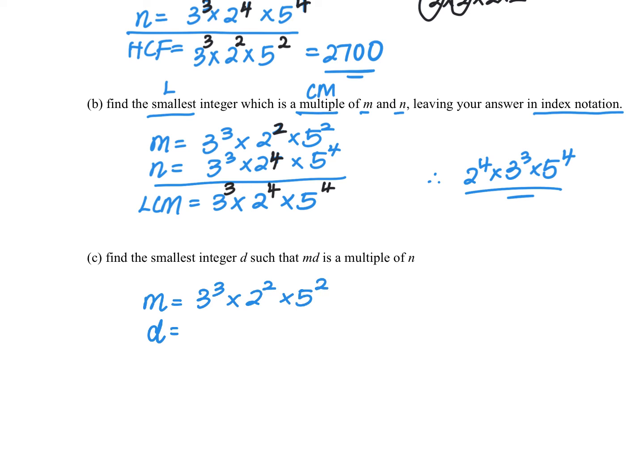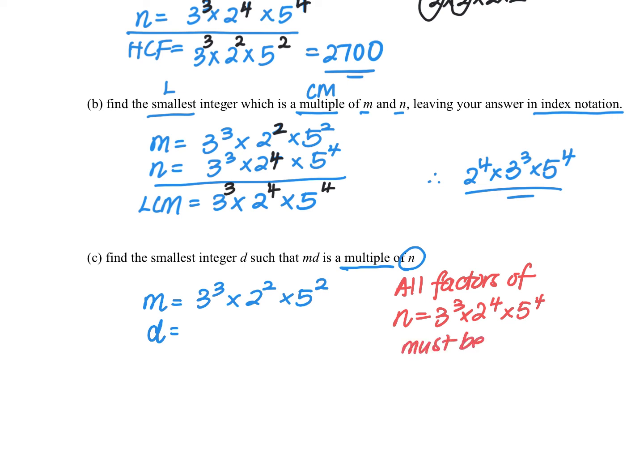D I do not know, but they say multiple of n. That means all the factors of n, which is 3 cube, 2 to the power of 4, 5 to the power of 4 must be included.